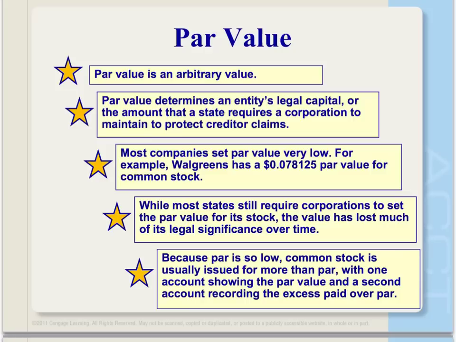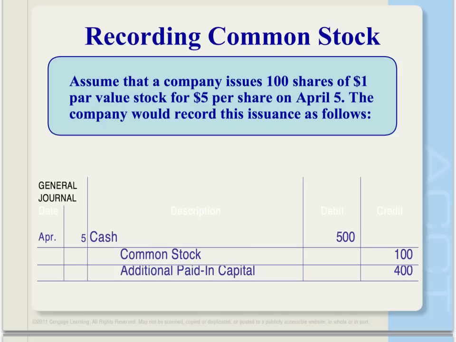Although most states still require corporations to set par values for their stock, the value has lost much of its legal significance over time. Because a par value is usually set very low, most common stock is issued for more than par value. So let's take a look at the example they're talking about.